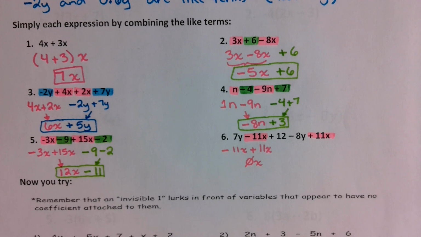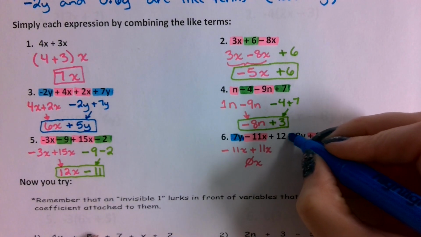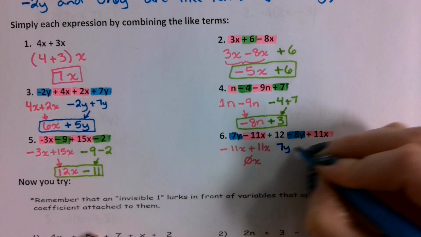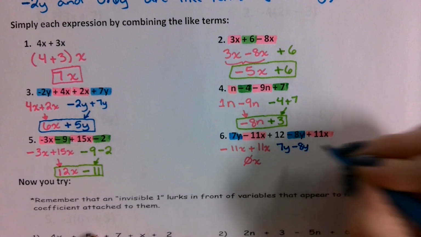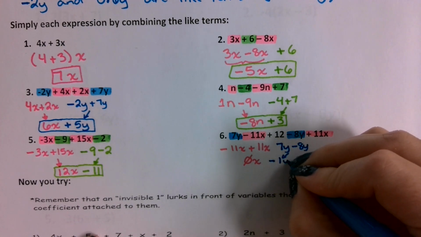I'm just going to go ahead and not have it written when I simplify further. Okay? The next one that I'm going to focus on is my y's. So we're going to focus on 7y minus the 8y. So we have 7y minus 8y. That's going to come out to a negative 1y.